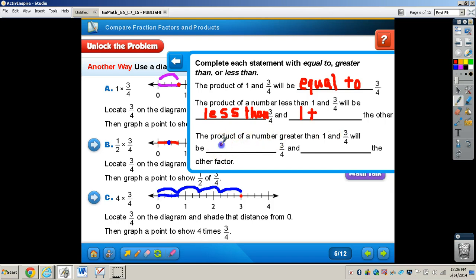So greater than 3/4 and actually less than the other factor. And I'll put LT for that one, but I want you to write that in. Hopefully that helps you understand it a little bit better as we're moving through the video.